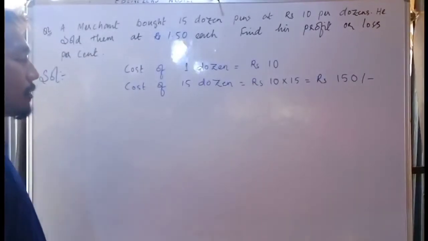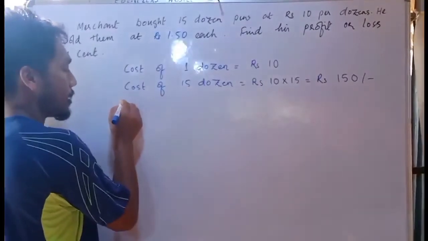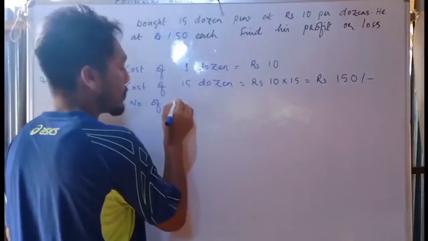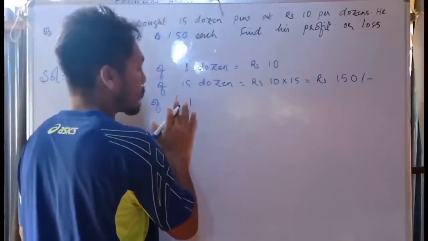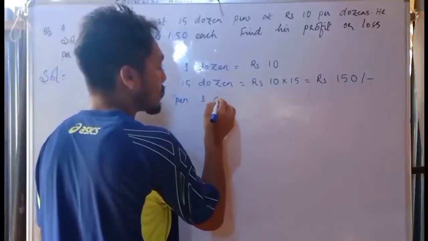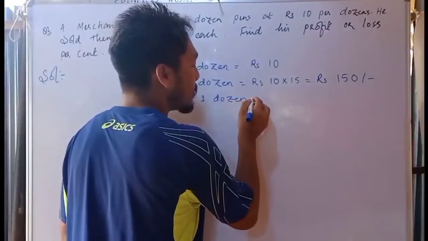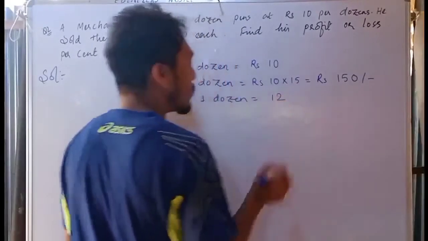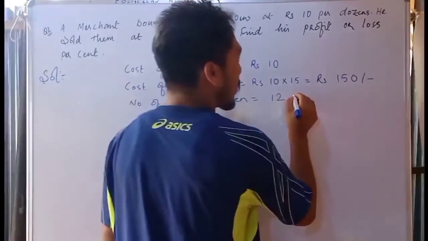That means in 1 dozen, how many pens will there be? 1 dozen is 12, so you get 12 pens in 1 dozen.